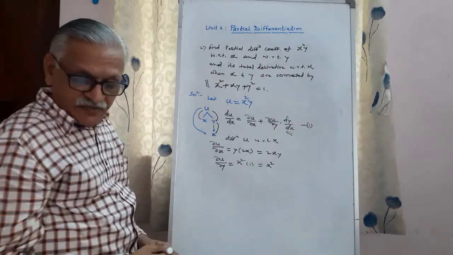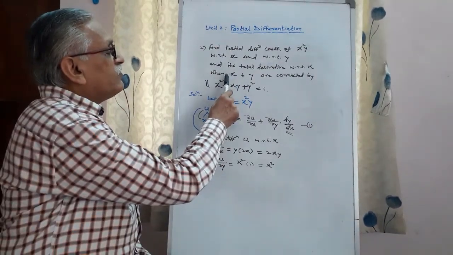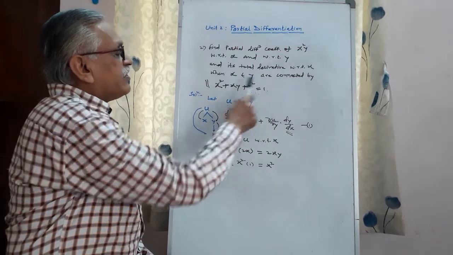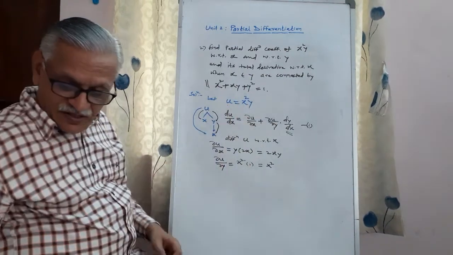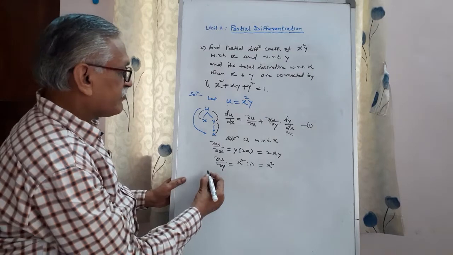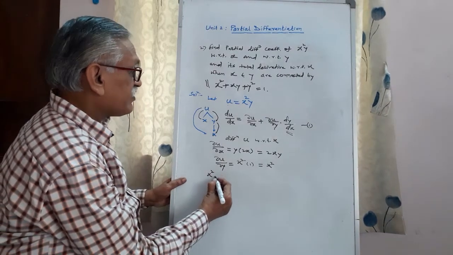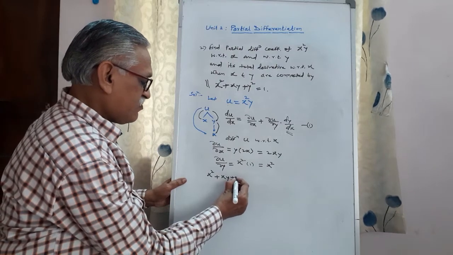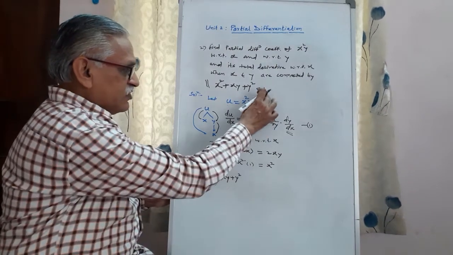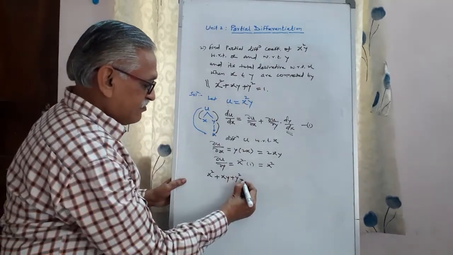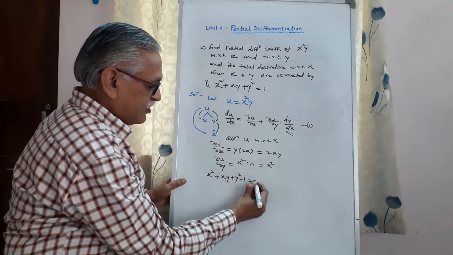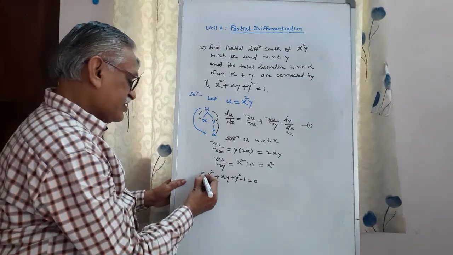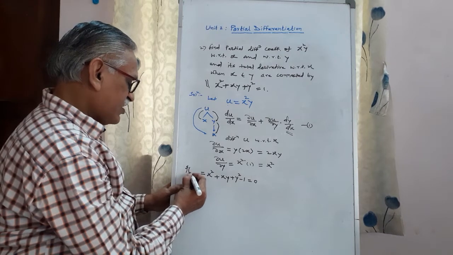What is the given information? When x and y are connected by this relation, that relation is x square plus xy plus y square equals to 1. I will transfer to left, it becomes minus 1, therefore equals to 0, and we call this as function of xy.